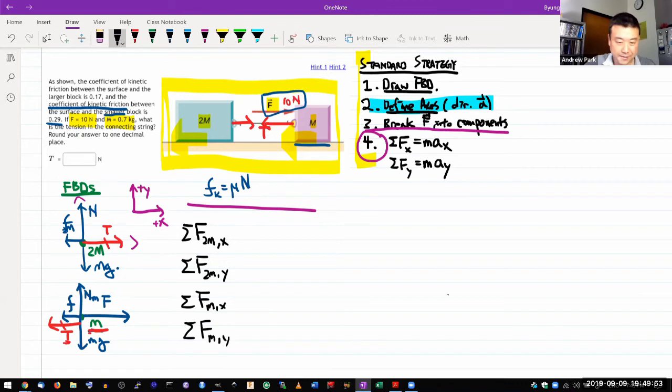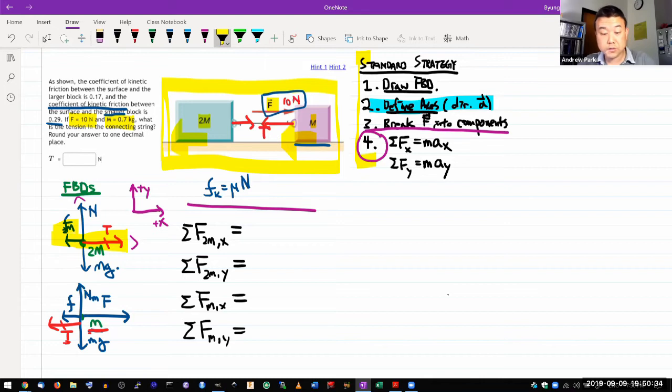All right, now I'm ready to copy all the information down into an equation form. So the very first one, net force for 2m in the x direction. So this is what I mean: once you have done the free body diagram correctly and gone through steps 2 and 3, all you have to do in step number 4 is read off the information that is in your diagram. So as I look at the diagram for mass 2m, I see 2 forces along the x direction, and the other 2 forces are all along the y direction.